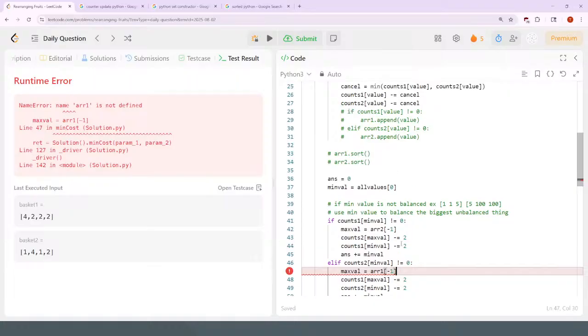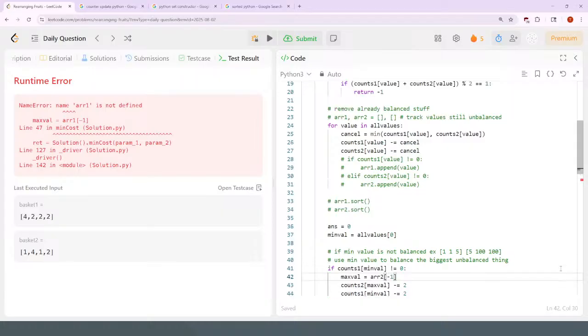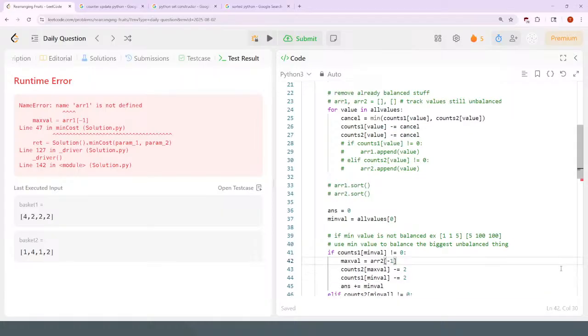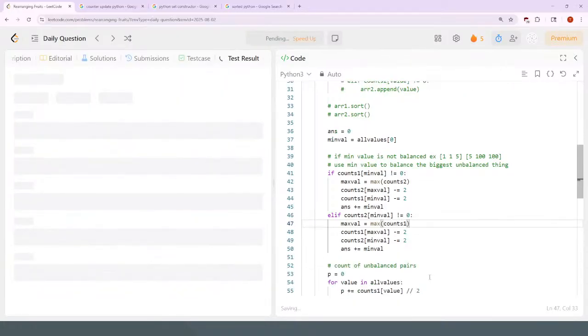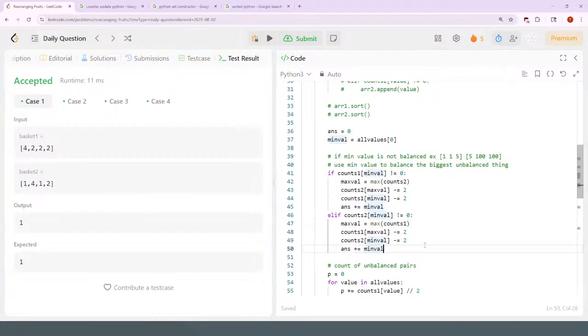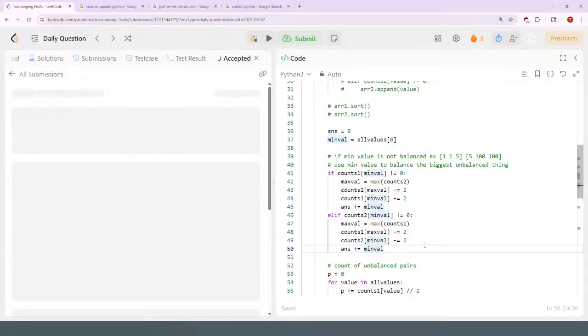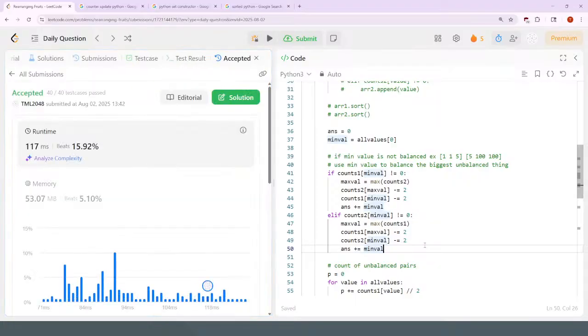So I did need to know the max value of array 1 and array 2 if I didn't sort it. So this would be max val, max of counts 2 and max of counts 1. Okay. This should be an improvement. Got rid of. Okay.